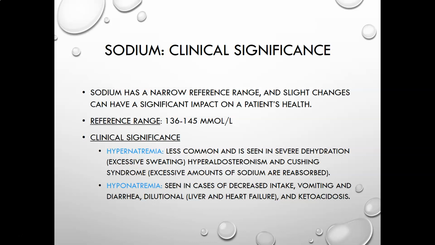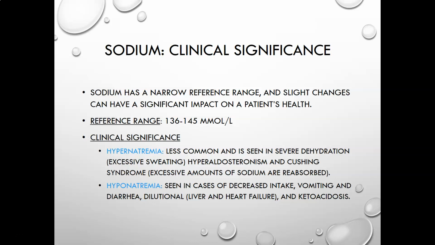Also in hyperaldosteronism, making too much aldosterone, which makes sense because it would put sodium back into the blood. And Cushing's syndrome, where excessive amounts of sodium are reabsorbed because of excess cortisol from the adrenal gland.